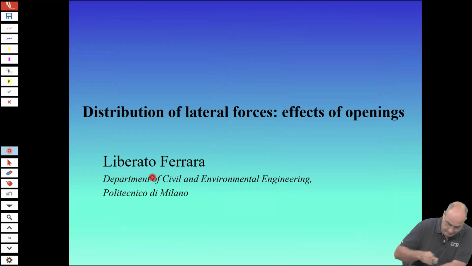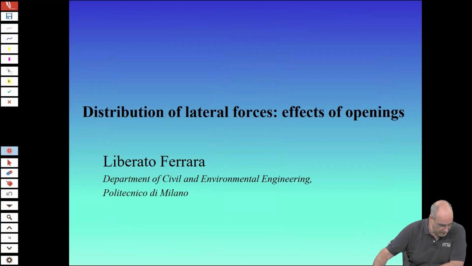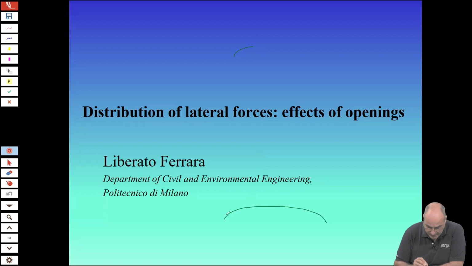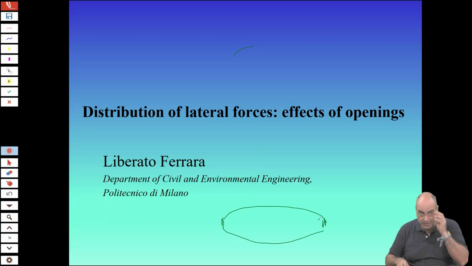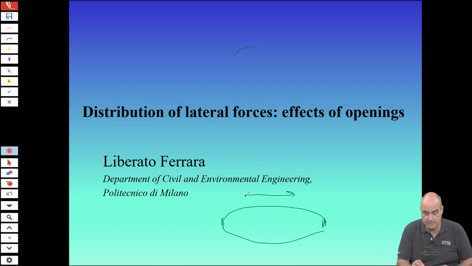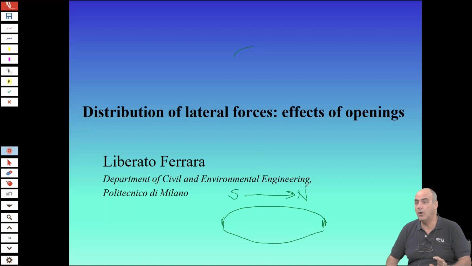In Milano, one of the most iconic buildings that we have is the so-called, no, let's draw it here. It's the so-called Pirelli skyscraper. Okay, the Pirelli skyscraper has a shape like this. And this direction is more or less south-north, which is according to the main winds.